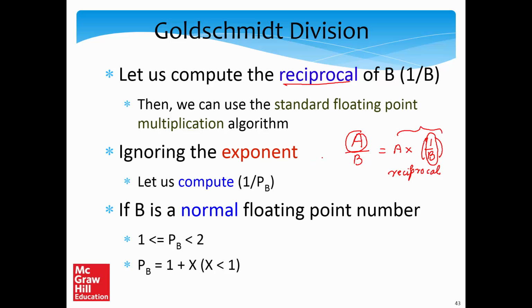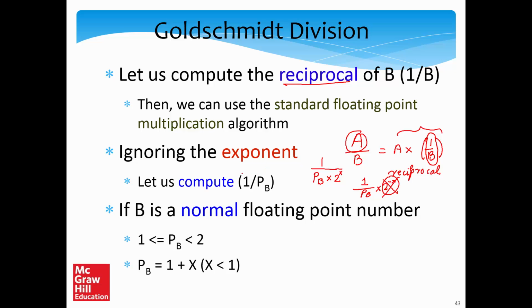Also, if B is represented in the normal form, which is PB times 2 to the power x, where x is the exponent, then I can compute 1 by PB, I mean 1 by the significand, times 2 raised to the power minus x. So this part is simple, this can be ignored.